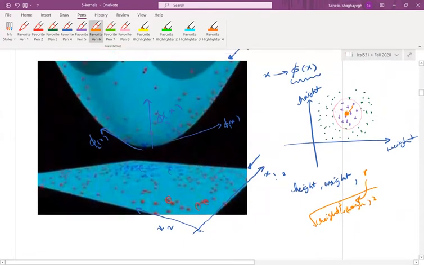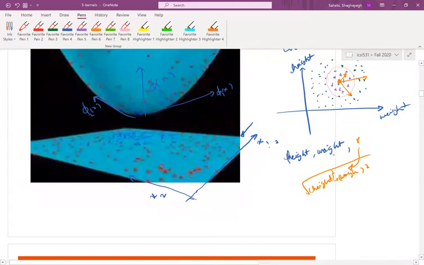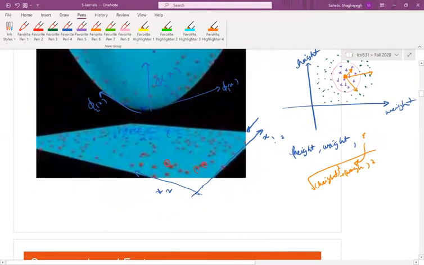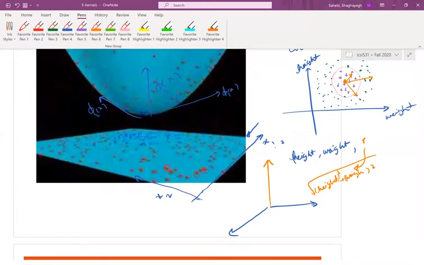We can see from this image that the more distance from this center I have, the higher the value of R is going to be, right? So in this new three-dimensional space, the first dimension is height, the second dimension is weight, and the third dimension is my R. What I'm going to have is that my dogs, the green points, are all going to have a higher R compared to my cats, right?